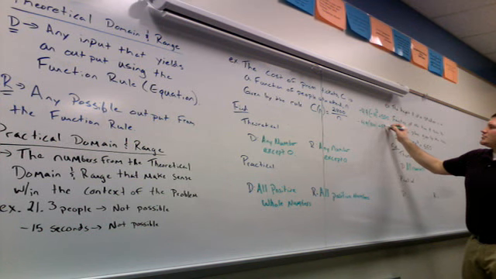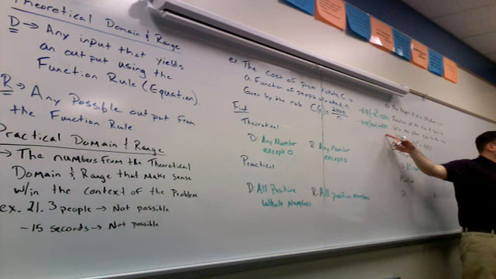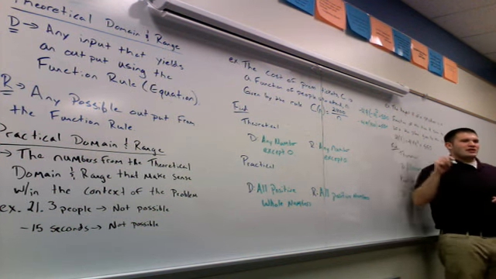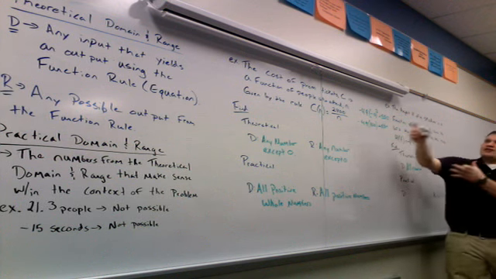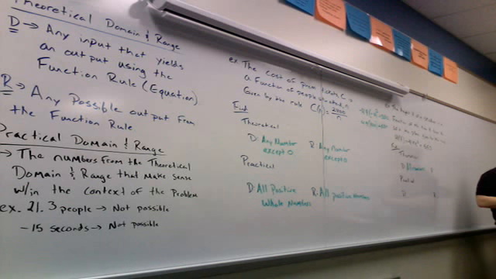So I'm always going to be subtracting this first term from 550. It'll never be a positive number, it'll always be a negative number. So I'm always going to have a negative plus 550. Is there any way that I can get above 550? No. A negative plus 550. Is there any way that can be above 550? No. So our range is going to be all numbers less than what? 550.